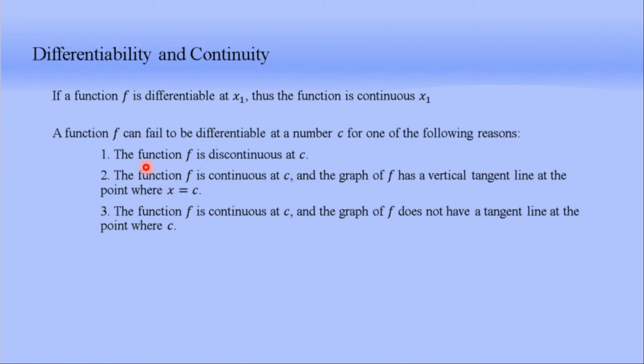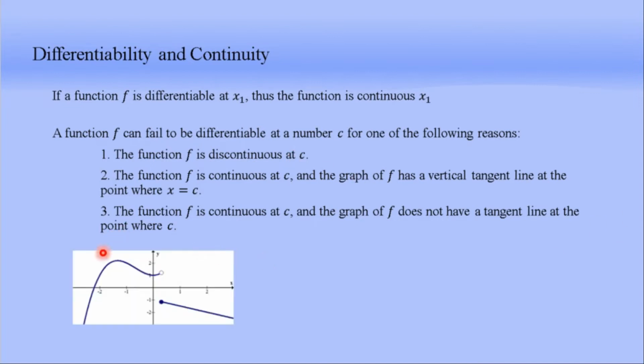So a function f can fail to be differentiable at a number c for one of the following reasons. Reason number one is that the function is discontinuous at c. As you can see in this graph, this is obviously discontinuous as the limit does not exist.